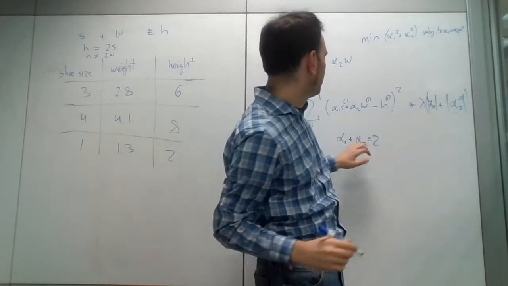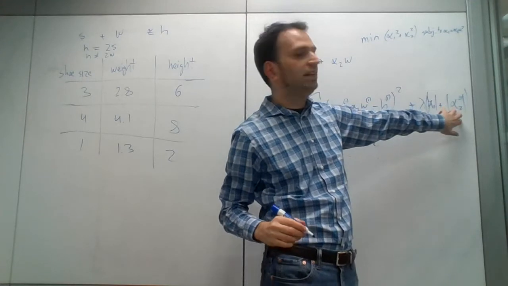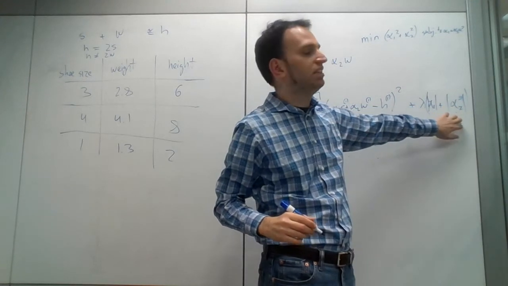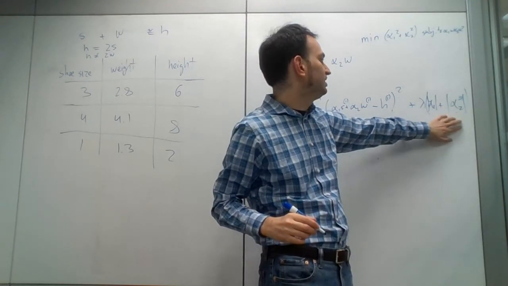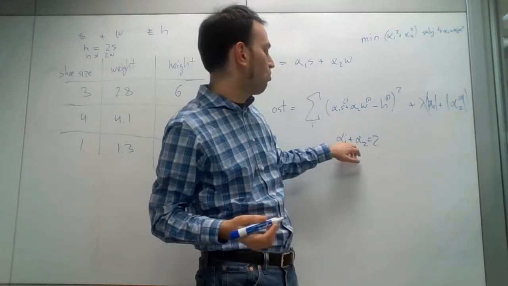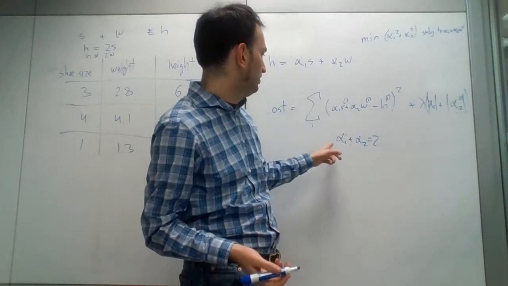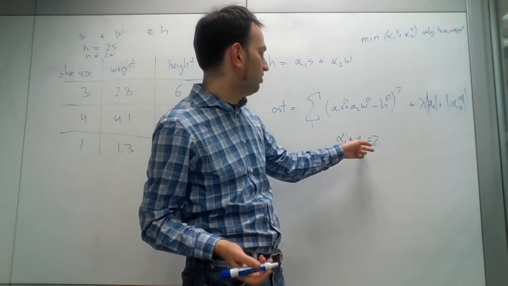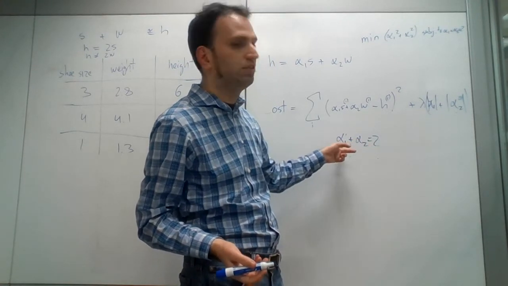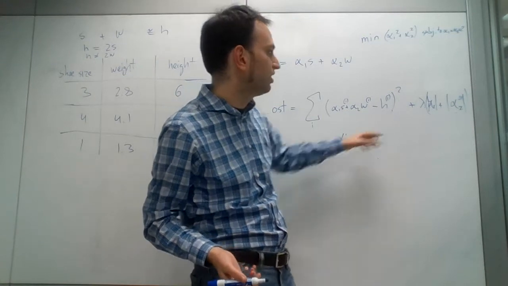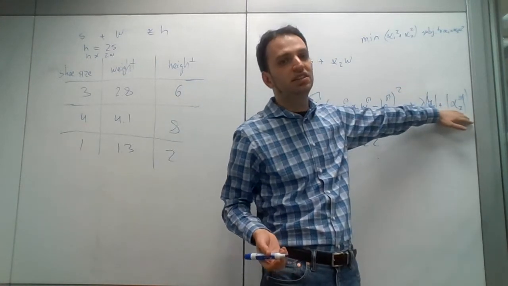If alpha 1 plus alpha 2 is 2, when is this guy as small as possible? Well, it doesn't matter, because if alpha 1 plus alpha 2 is equal to 2, and they're both positive numbers, then you can trade off the magnitude of alpha 2 for the magnitude of alpha 1. It won't matter. This guy is going to stay constant.